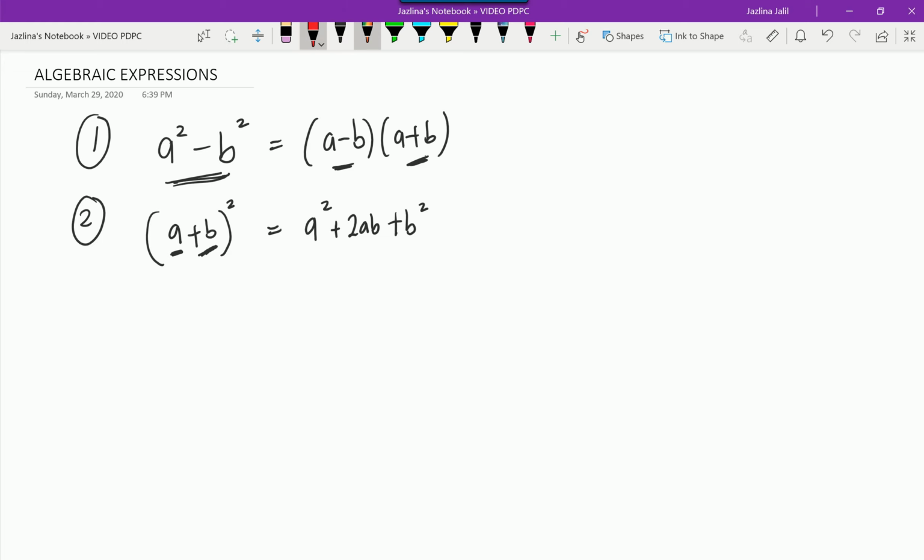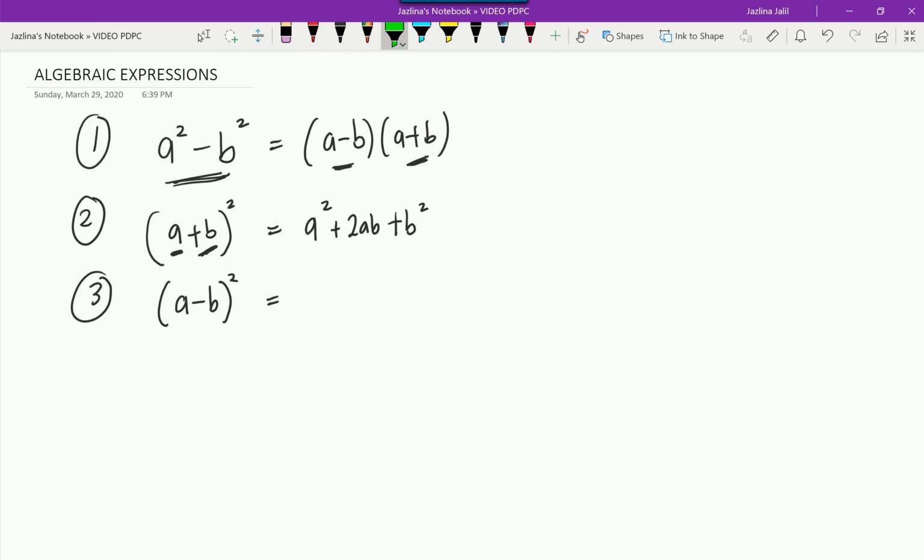And the third one, it might be like this: (a minus b) squared. Remember, a and b will be in a bracket, the square is outside. What will it be?